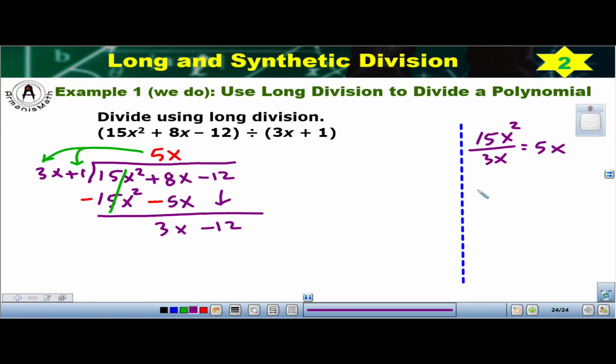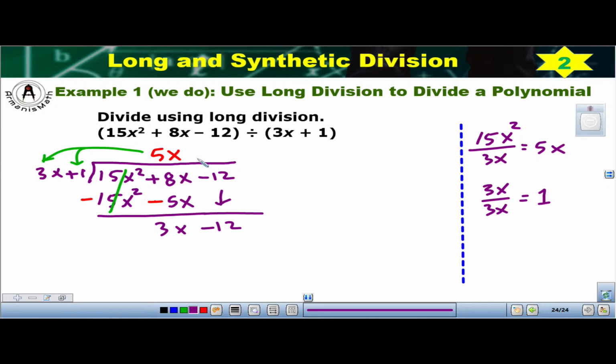Do the same process again. Who's going to help me out with this one? 3x divided by what? Yes, that's true. 3x divided by 3x, which gives me what, by the way? Oh, that's a good looking one.